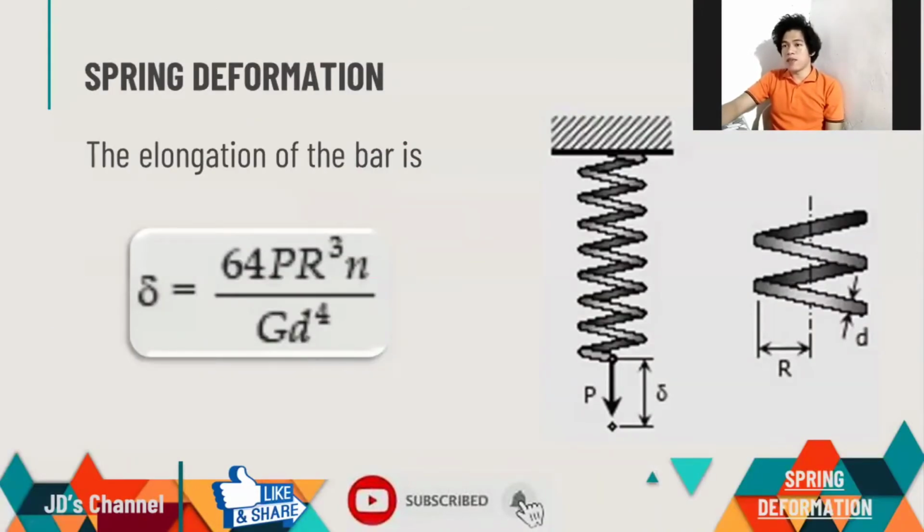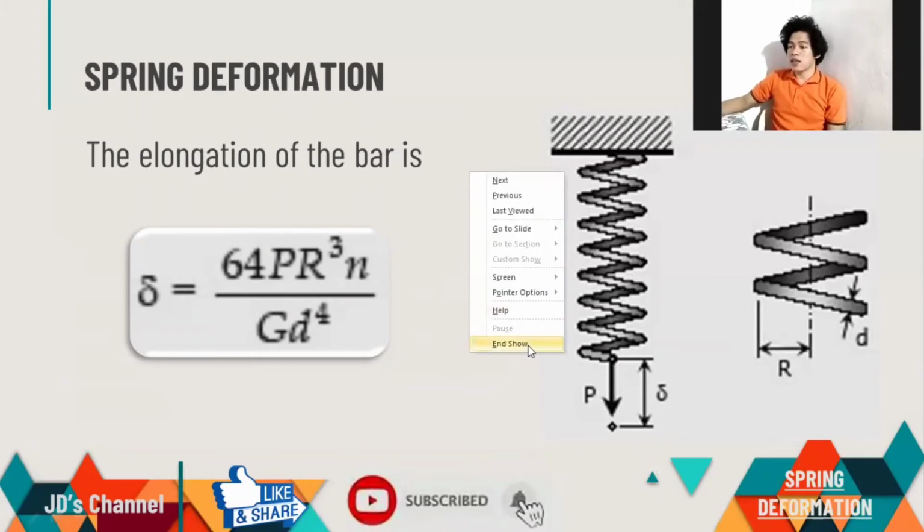Ano pa yung spring deformation? So spring deformation, the elongation of a bar is, ayan, so we have the delta is equals to 64 P R raised to 3 N over G d raised to 4. So we have this 64 and then yung ating force, and then yung ating mean radius.